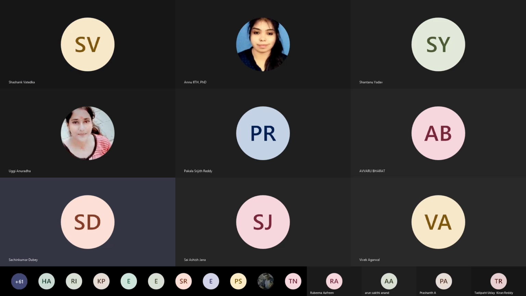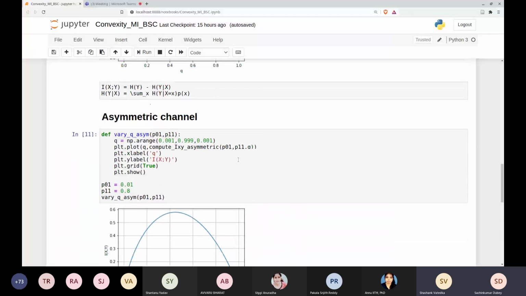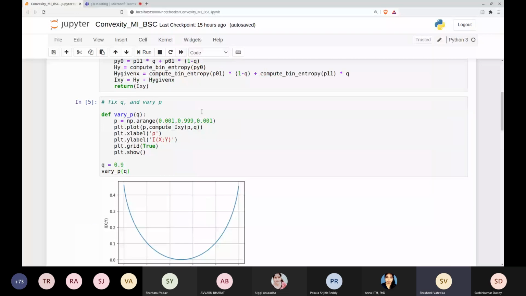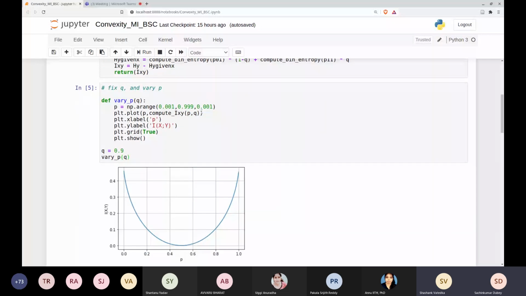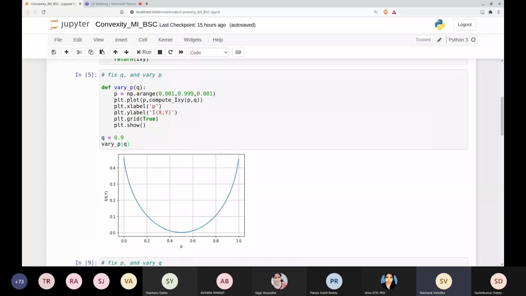For the BSC, the binary symmetric channel, is that what you want? Yes, sir. Okay, fine. Again, for the binary symmetric channel, there are two parameters. One is the input distribution, which is Bernoulli Q, and the channel transition probability, which is specified by P.